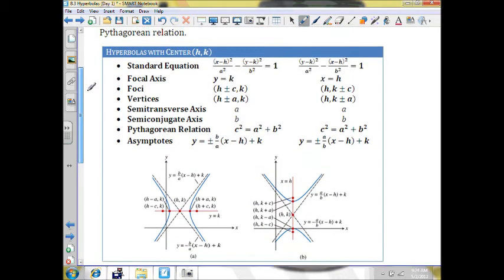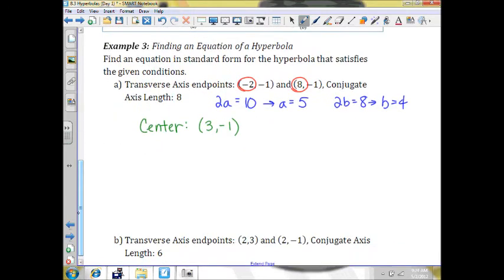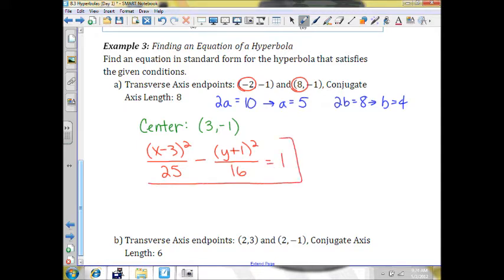Which one changes here? It's the h plus or minus a, so we use this equation for part A. Now when you put this in, (x minus 3) squared over a squared, which is 25, minus (y plus 1) squared over b squared, which is 16, will equal 1. So there's your equation for part A.